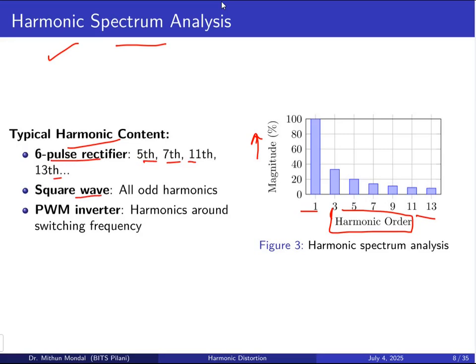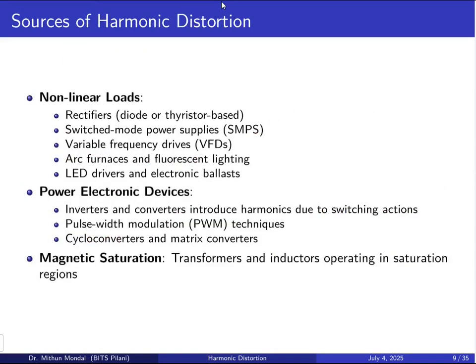For the square wave, we will have all odd harmonics, and for power electronic devices like the PWM inverter, the harmonics will be around the switching frequency, where the frequency is basically switched. In the spectrum analysis, the fundamental frequency has the maximum amplitude, and then it keeps decreasing with the order of the harmonics. The odd harmonics are more common.